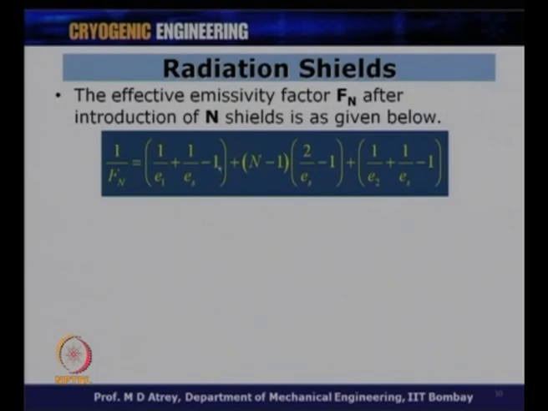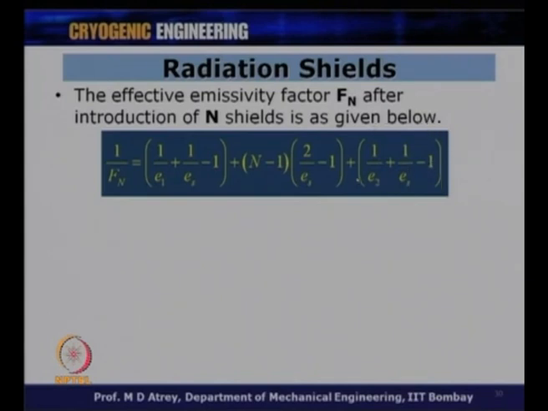This gives me the effective emissivity of two surfaces facing each other, having emissivities E1 and Es. And the last term is the effective emissivity of the last two surfaces, the one at temperature T2 facing the shield: 1 upon E2 plus 1 upon Es minus 1.